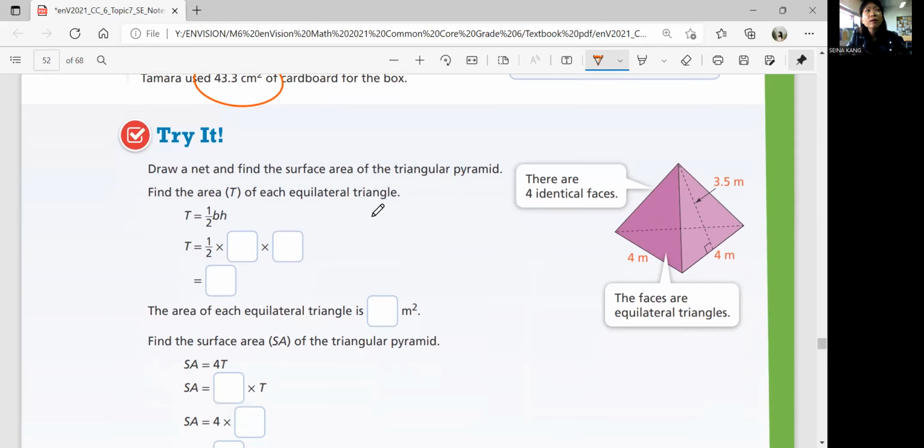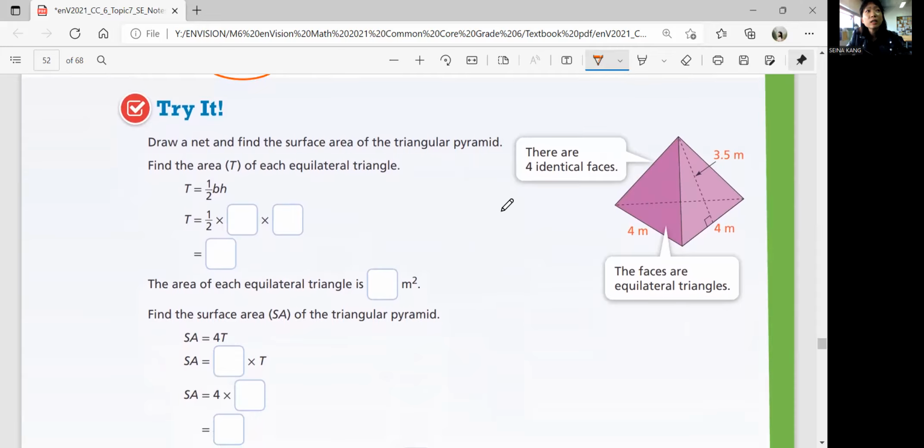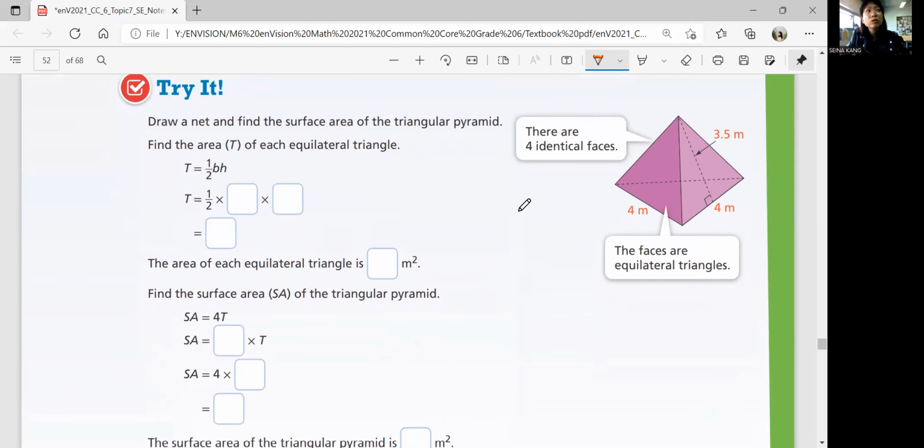So find the area of each equilateral triangle. The area of a triangle is base times height divided by 2. So what's the base? 4. Height is 3.5. So 4 times 3.5 divided by 2 is 14 divided by 2, which is 7.